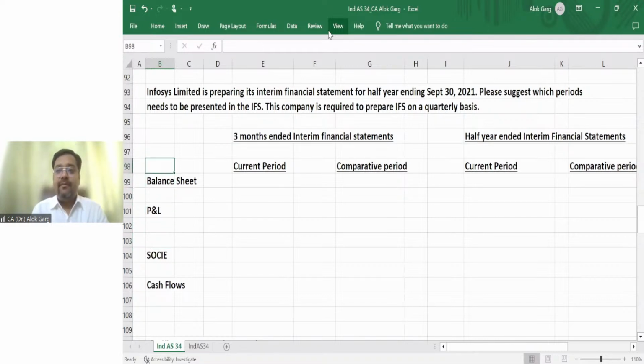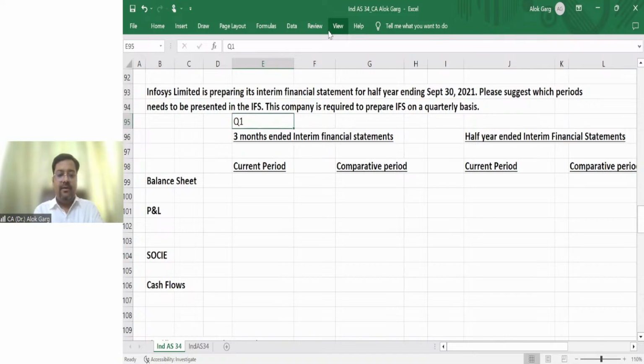Now you need to tell me, this company, Infosys, is presenting the interim financial statement on a quarterly basis, right? What will be the first quarter when they will present this interim financial reporting? Let's not discuss 30th September; let's discuss all the periods. Let's discuss Q1, quarter one.